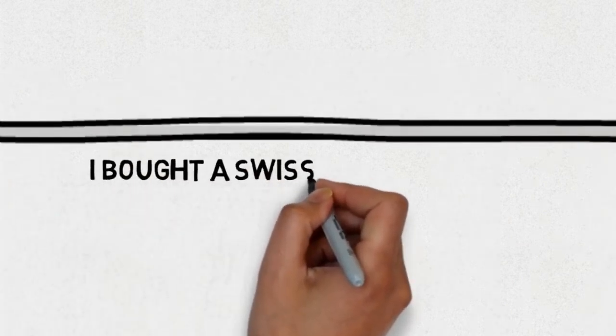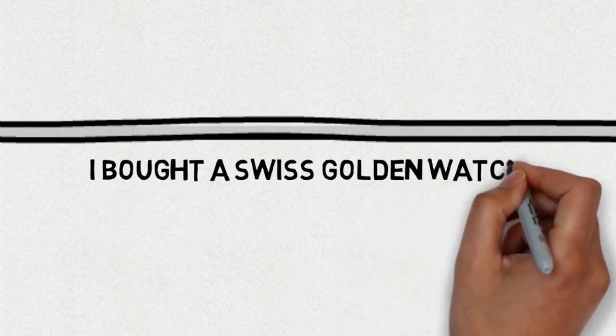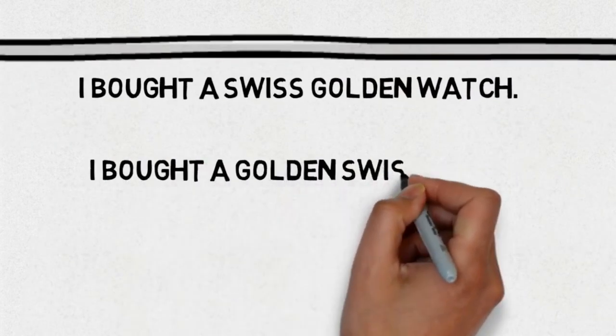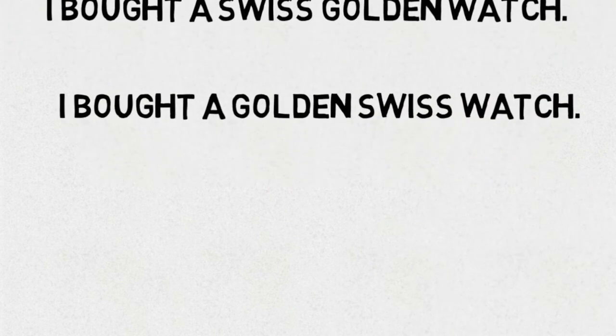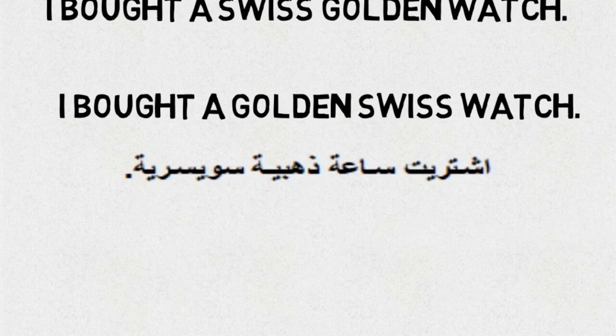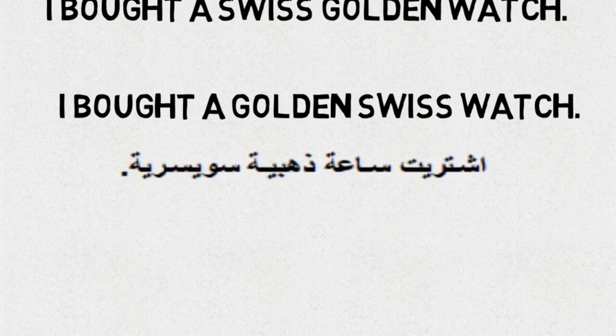I bought a Swiss golden watch. I bought a golden Swiss watch. The Arabic for golden can denote a material or color in modern classical Arabic. اشتريت ساعة ذهبية سويسرية. Here ذهبية is for color.